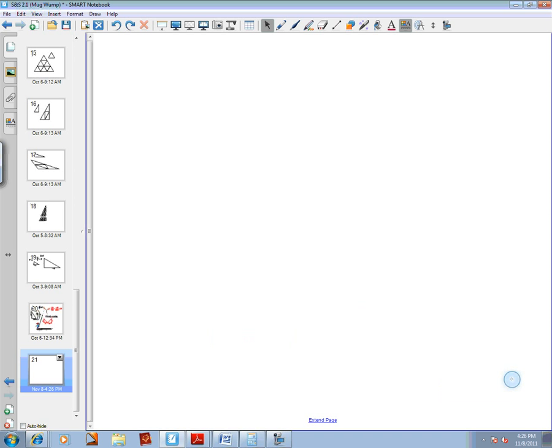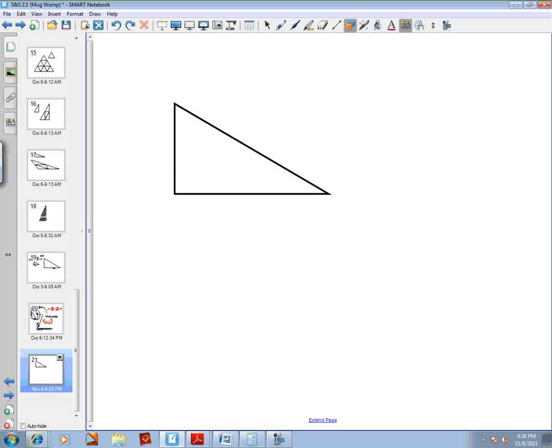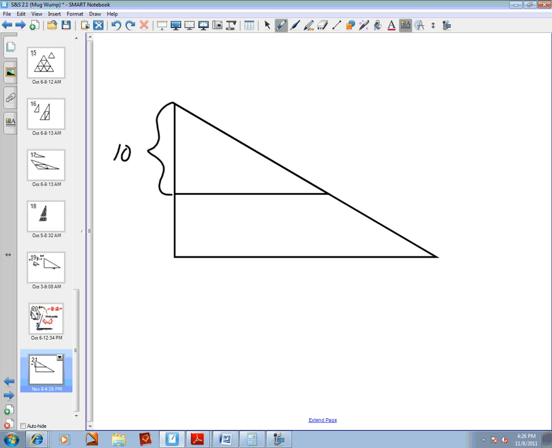All right? Let's draw this situation real quick. This will be the last thing we do. This is a great test question for the OAAs. So we've got this triangle here, and then there's another triangle inside it. And we know that this part right here is 10 feet.